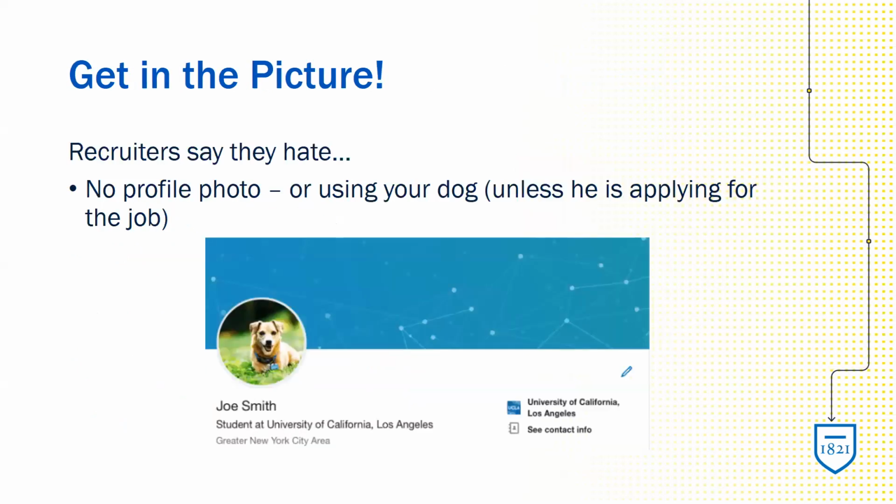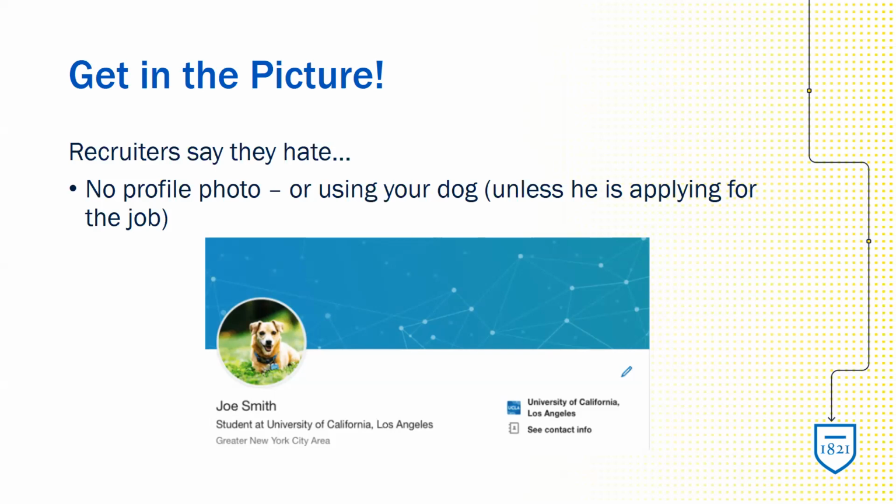Well, we'll start with the photo. So as you can see here, we don't want to showcase your dog unless he's the one applying for a job. LinkedIn is that hybrid between personal and professional. So we want the picture just to be of you, no one else in the background. It's not going to be as casual as, let's say, a Facebook or Instagram photo, but we also want it to be approachable.